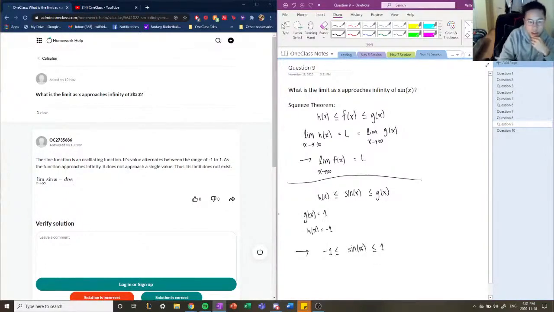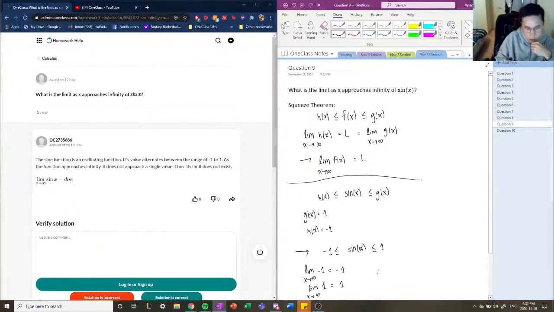This is what our junior tutor is proposing, that the range of sine of x is always between 1 and -1. If we calculate the limit as x approaches infinity of -1 and of 1, the limit of -1 is -1, and the limit as x approaches infinity of 1 equals 1.